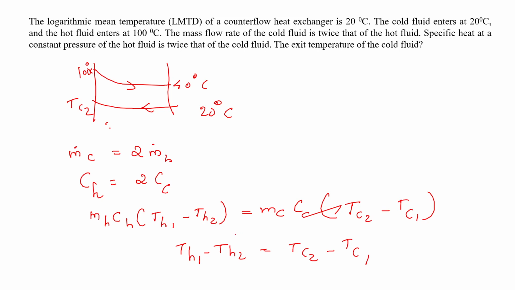Just substitute the mH value and the rate values. Then you will get only this temperature relation. Then you go for the LMTD formula. It will be (TH1 minus TC2) minus (TH2 minus TC1) divided by log of the same ratio.